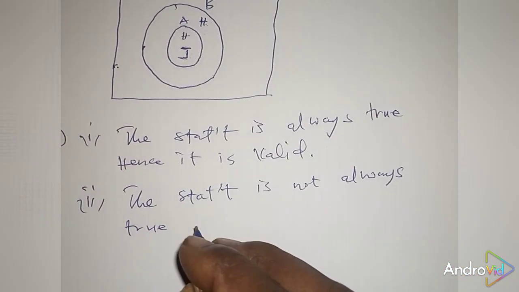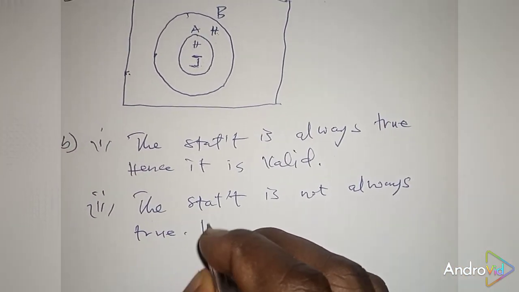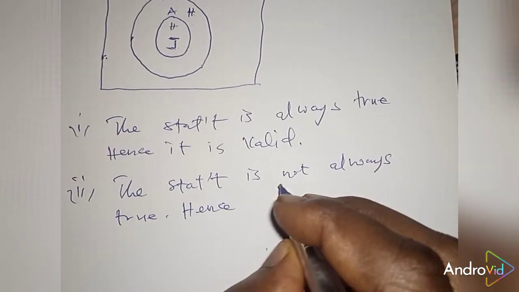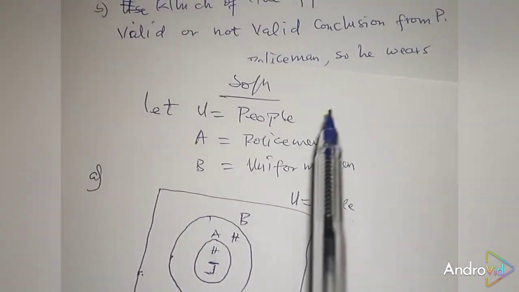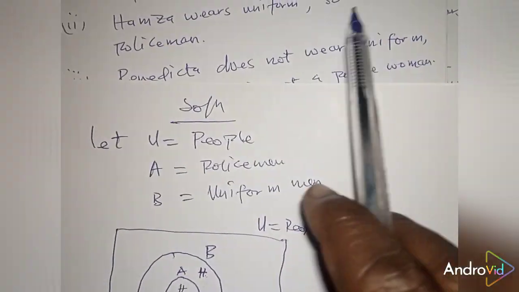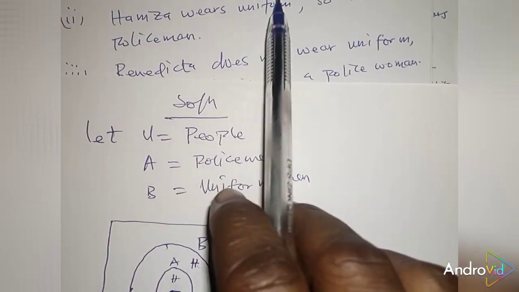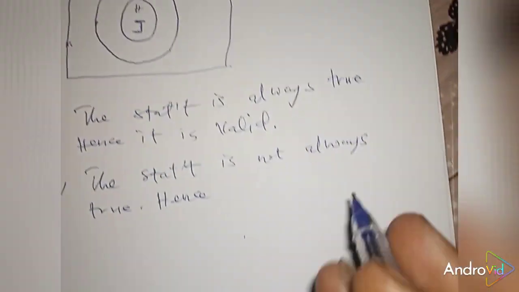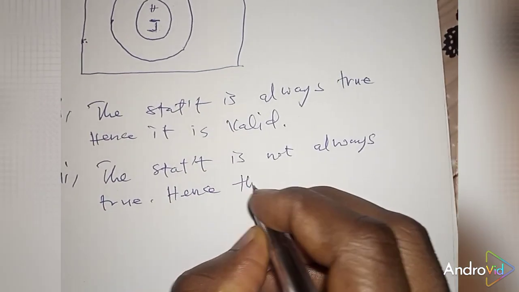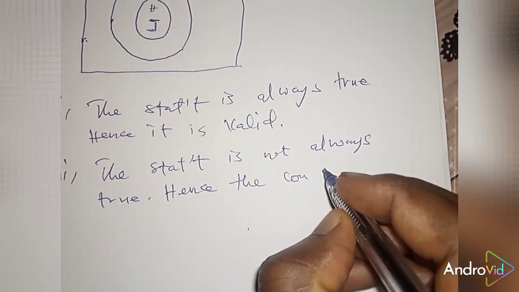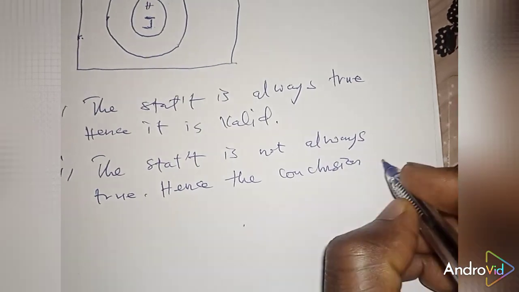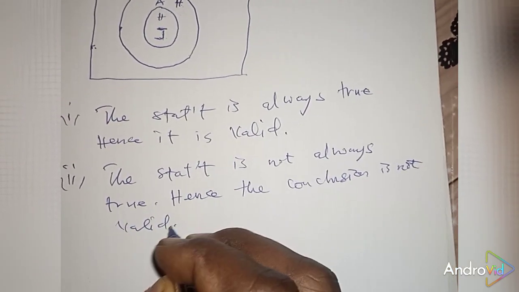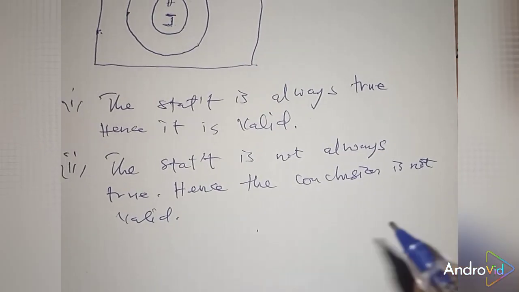Very good. So it is not always true. Hence, once it is not always true, it means the conclusion which states that once he is wearing uniform, so he is a policeman, is not valid. So this is not a valid statement or conclusion.